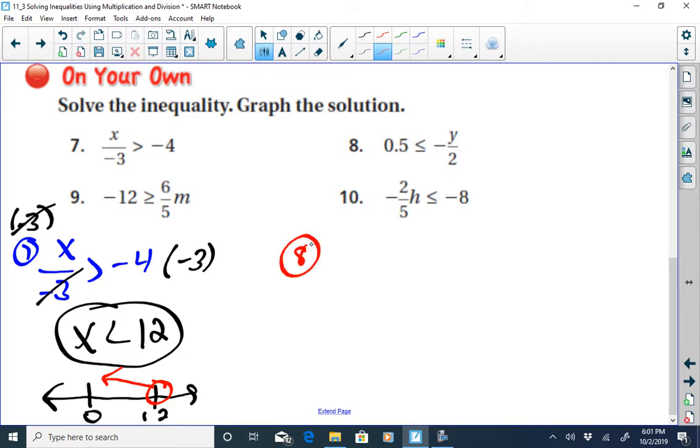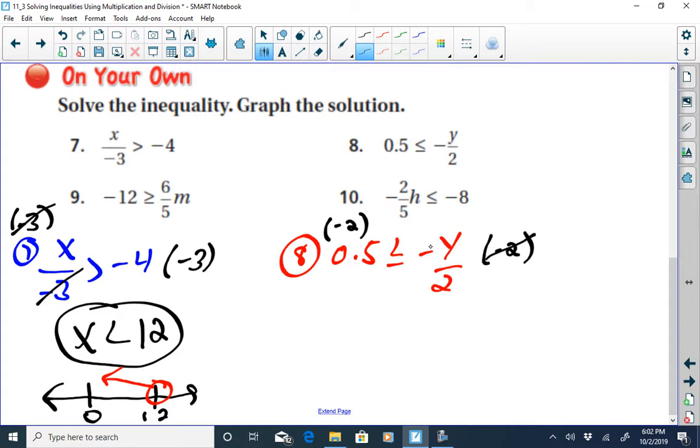Let's try problem 8. 5/10 is less than or equal to the opposite of a number y divided by 2. We see the division. Now, the inverse of division is multiplication, but if I want to get rid of that negative sign and the 2 in the denominator, I'm going to have to multiply both sides of that inequality by -2.